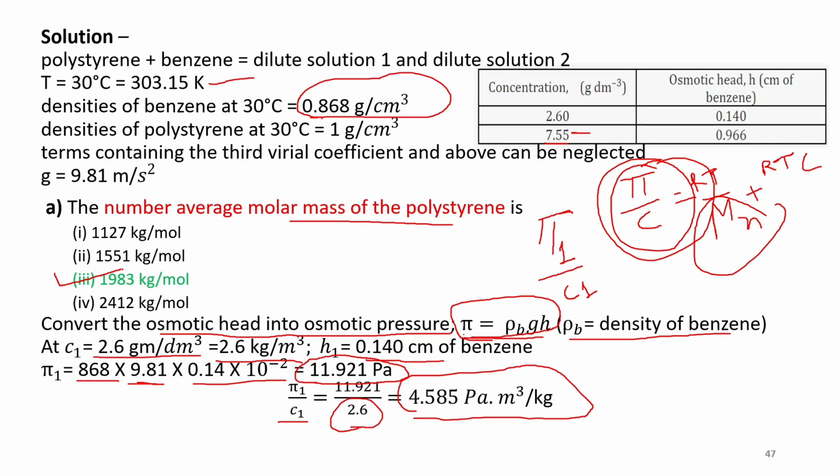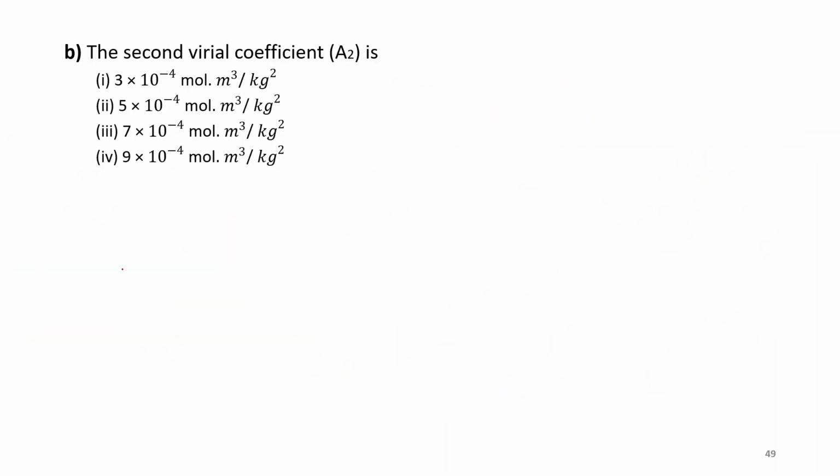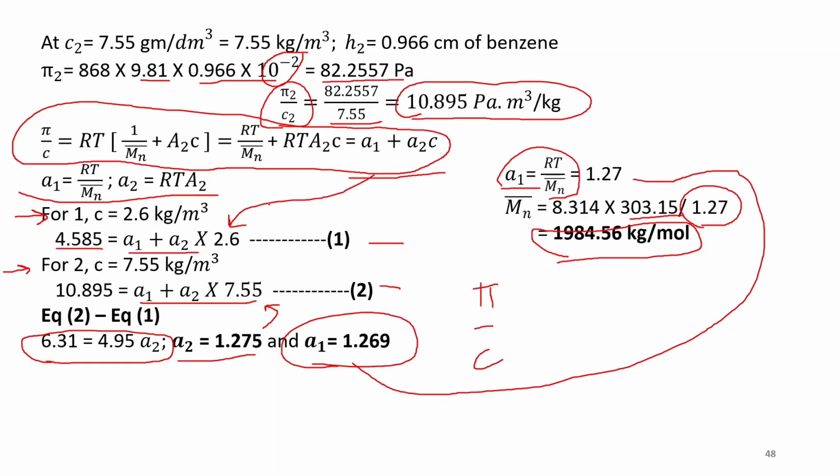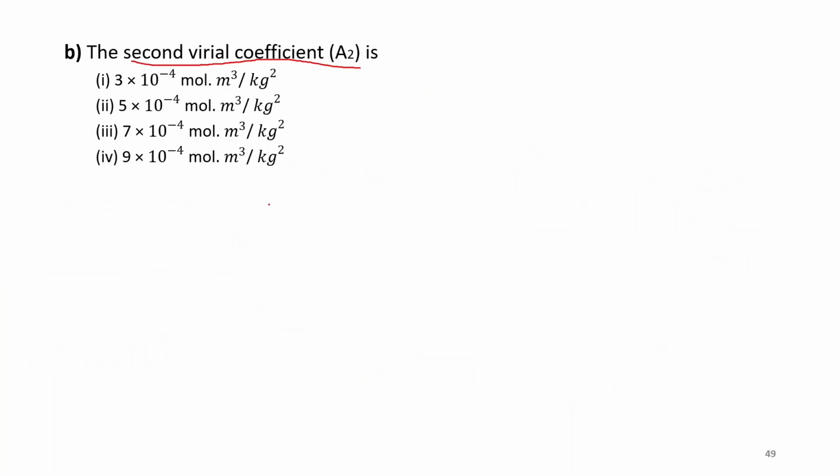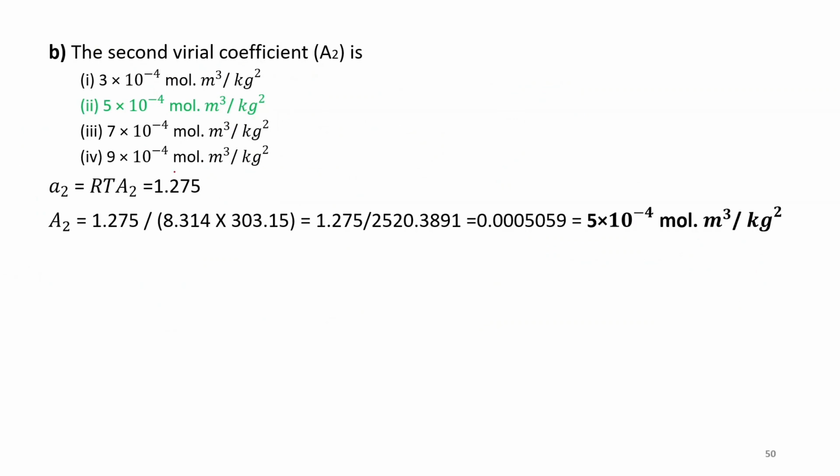Now the second part is saying to calculate the second virial coefficient, which is A2. So out of these, which should be correct? We know that small a2 is equal to RT times capital A2, right? So we can calculate from this. A2 is equal to 1.275, which is equal to RT into A2, the second virial coefficient.